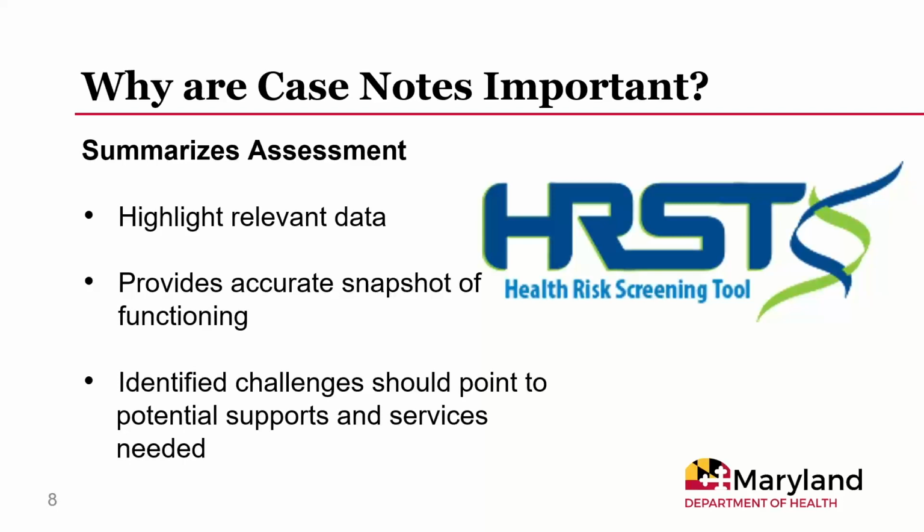Let's review a few points about why case notes are important. Case notes summarize assessments, highlighting relevant data. They should provide an accurate snapshot of a person's functioning. These notes may identify challenges and should point to potential supports and services which the person may need or want.